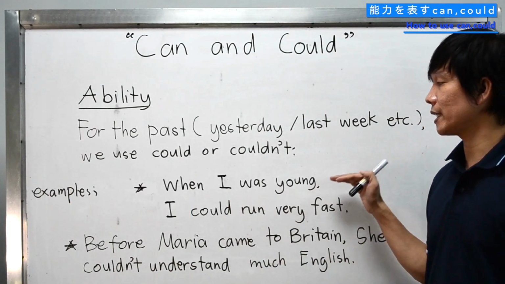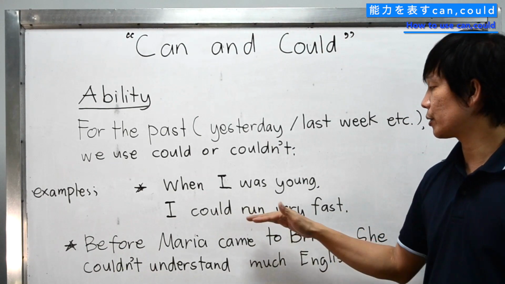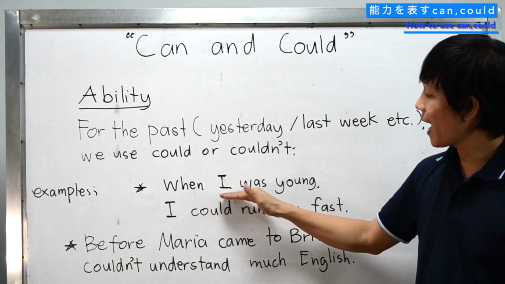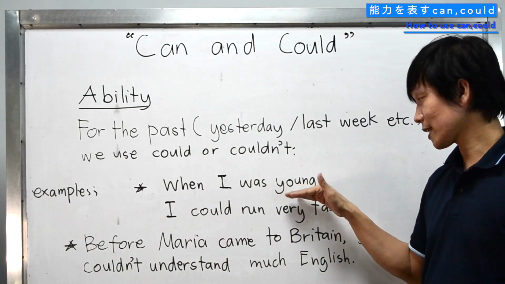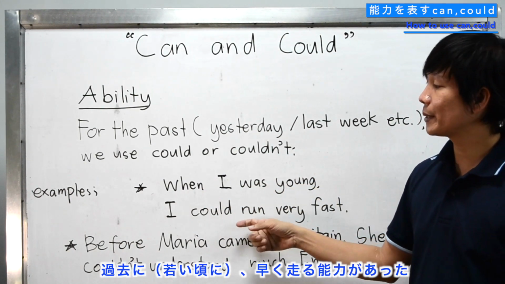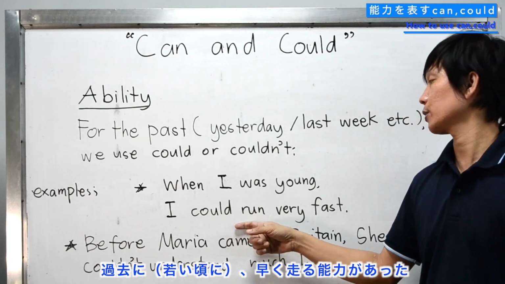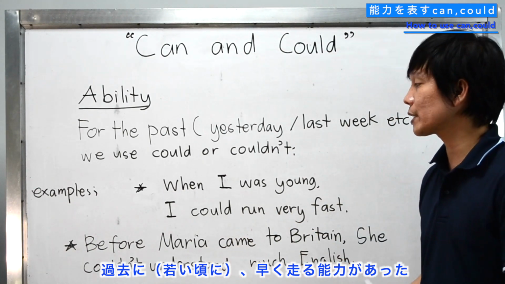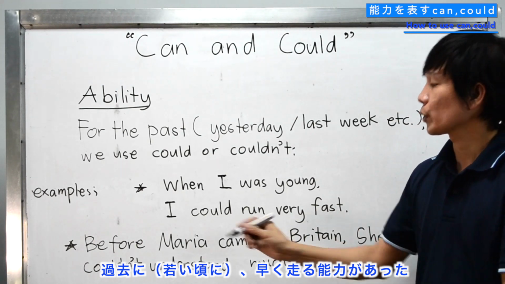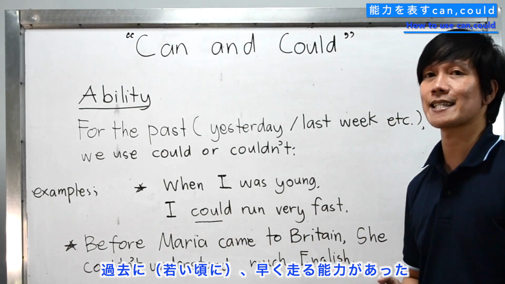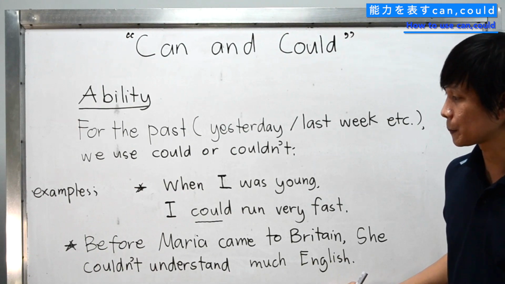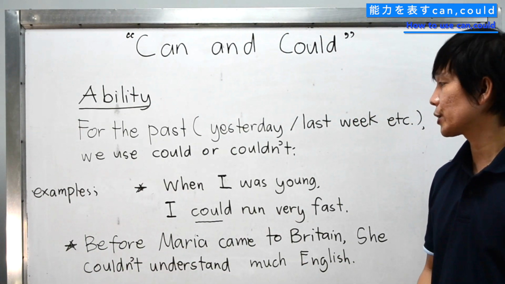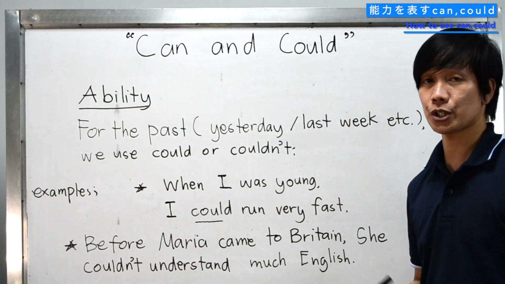We have here some examples. When I was young, I could run very fast. So, when I was young tells us that the ability of the subject to run very fast was before. So that is why we use could in this sentence. Second example, before Maria came to Britain, she couldn't understand much English.